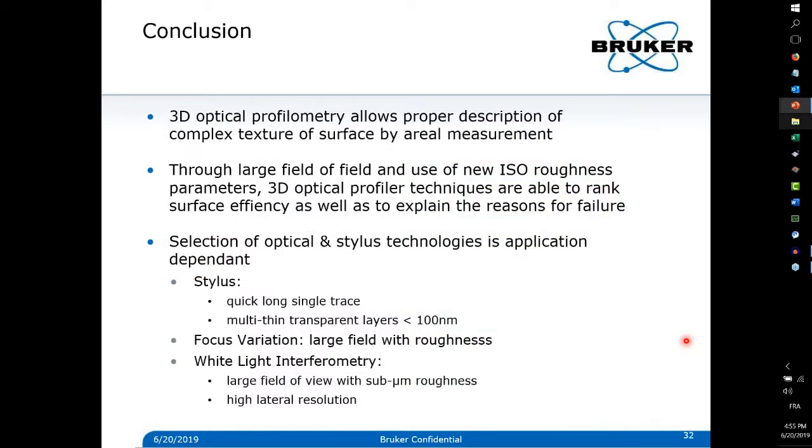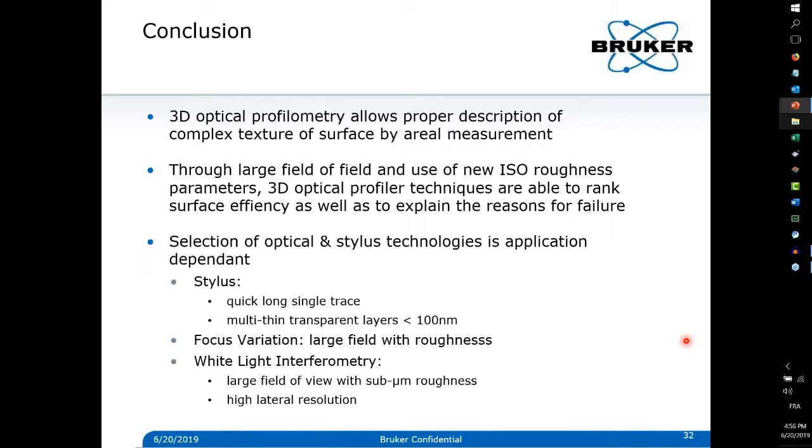So as a conclusion, it's clear that getting a full area measure through a non-contact profilometry technique really allows us to capture complex textures and make sure we extract valid parameters from a surface, and having on top the proper transfer function that gives us high lateral resolution and almost sub-nanometer vertical resolution helps us to plot all the components on the surface and be in a position to select in a given case the right component that plays a role.